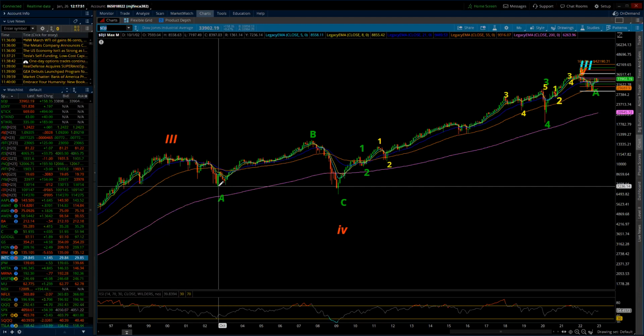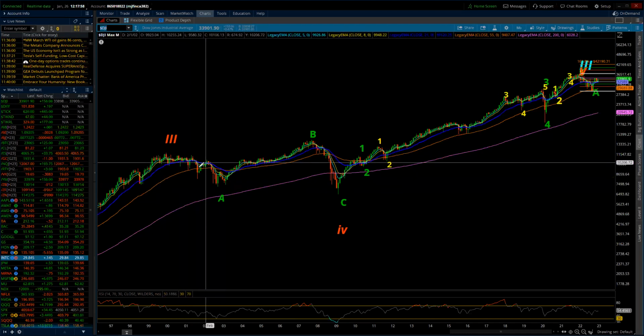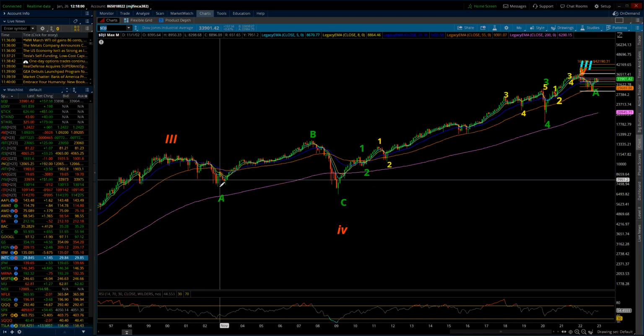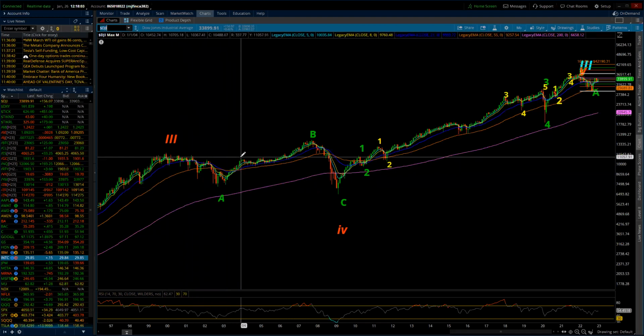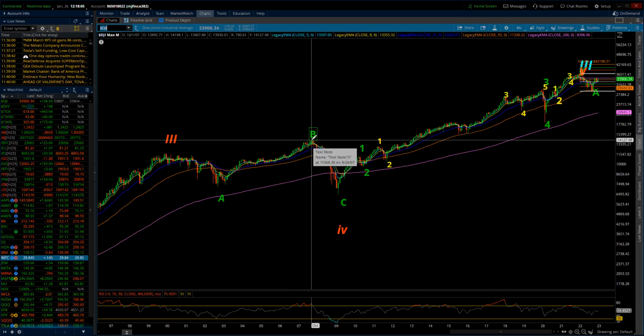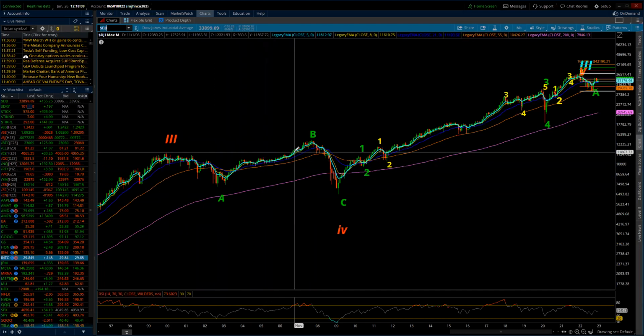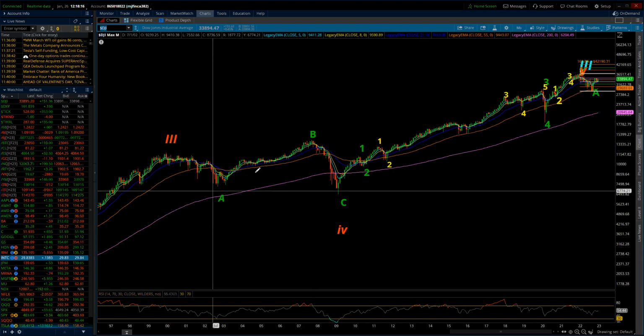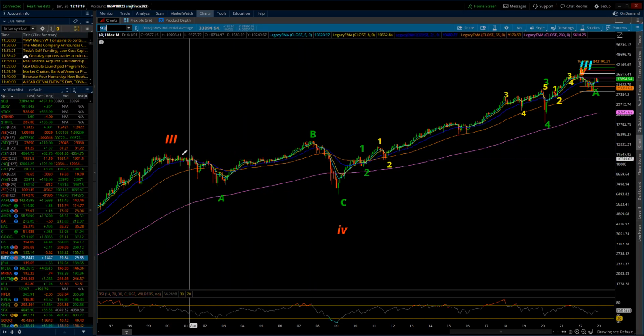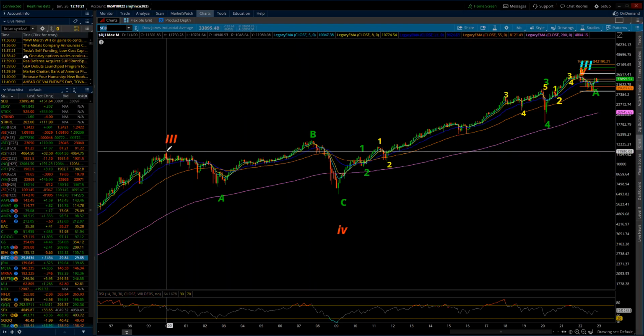That's fairly normal. But we have other guidelines surrounding it, and as it was, a series of ABCs down to that low gives this B wave the potential that it could also just continue and turn into what Elliott called an irregular B wave, in which case we would not expect on a normal basis a C wave to put in a new high, being that it's corrective.